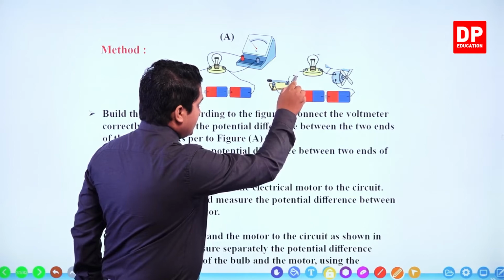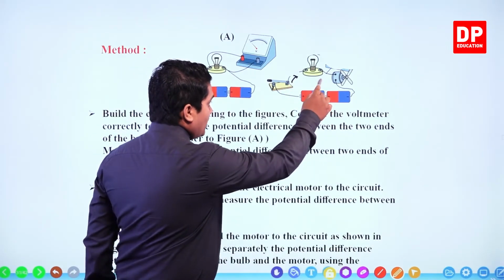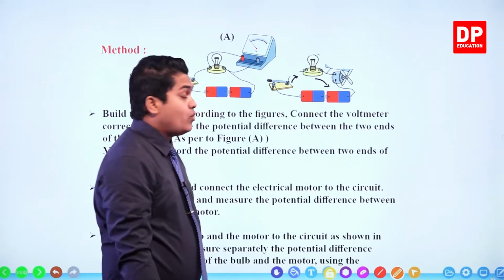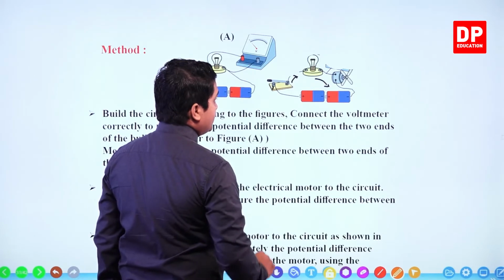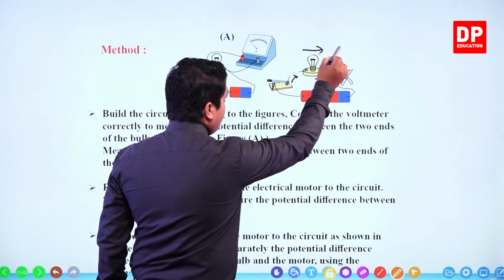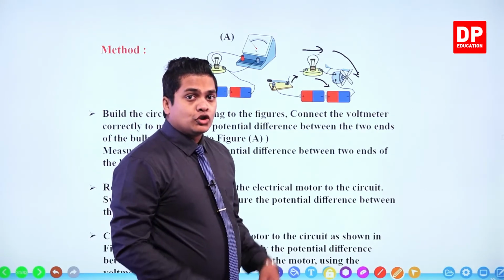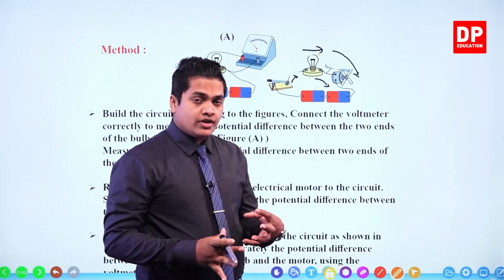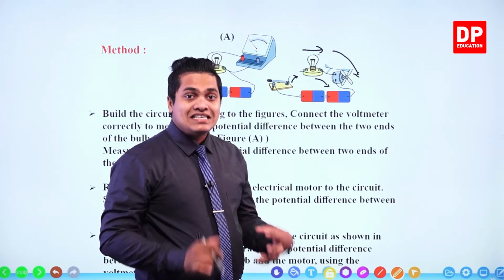Then here you can see that it's not going to pass to the bulb. Therefore, it's not going to pass towards the motor as well. So that means electricity should go through the bulb to the motor. If the electricity has to go through the bulb to the motor, then the bulb and motor are connected in a series connection.